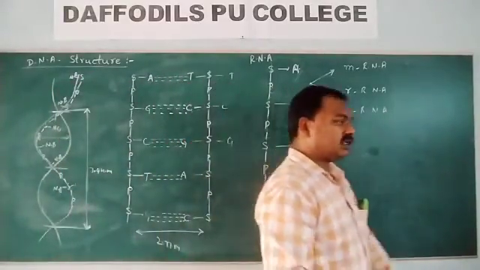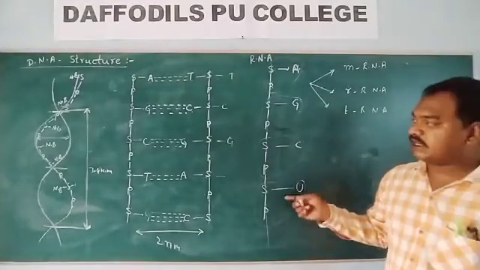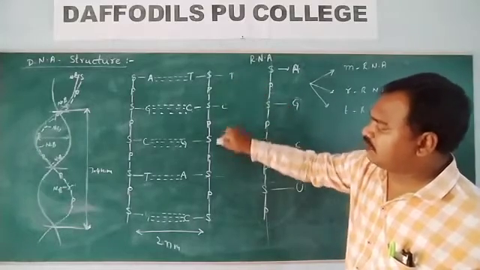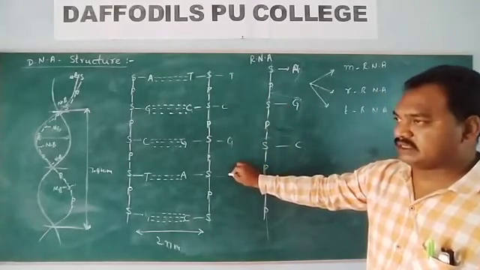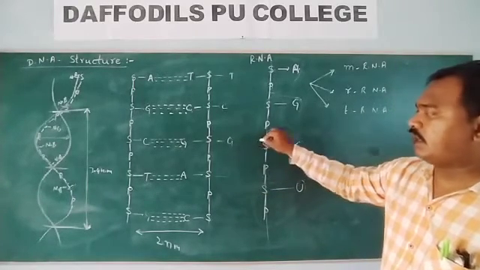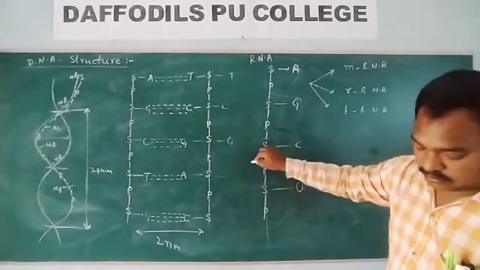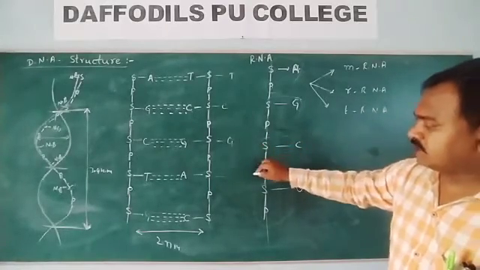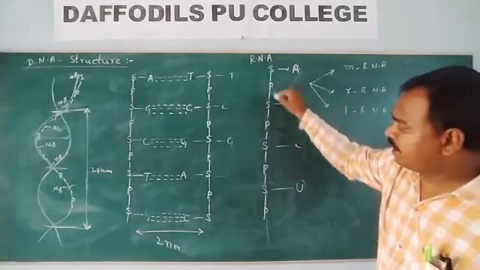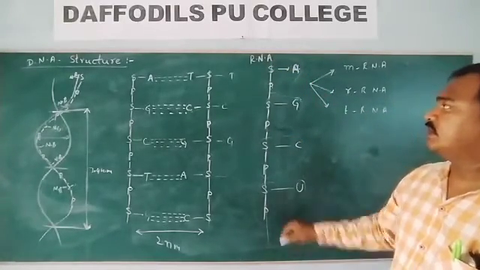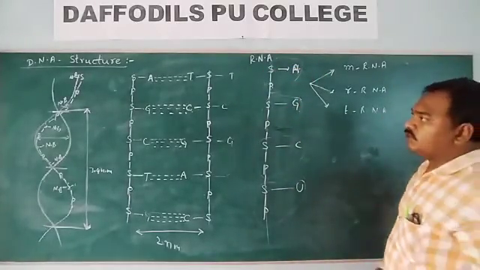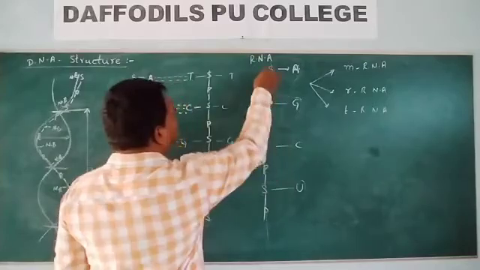After the nitrogen bases come outside, whatever information is stored on this DNA in the form of nitrogen bases is transcribed onto an RNA chain in the form of complementary pairs. For thymine, what is the complementary pair?